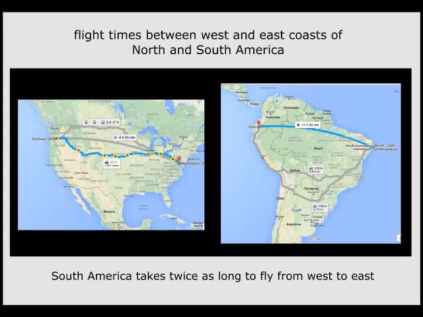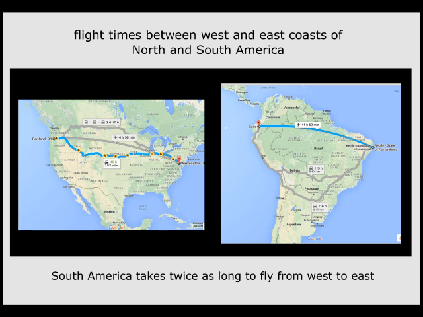The flight time, 11 hours and 50 minutes. We're talking about over twice the length of time it takes to fly from west to east on South America as opposed to west to east coast in North America.